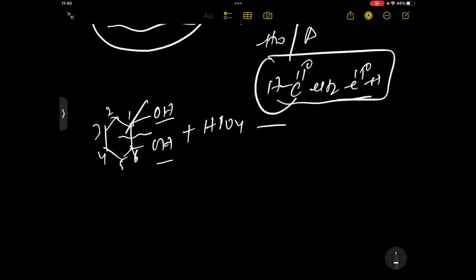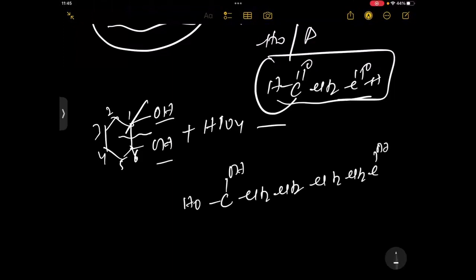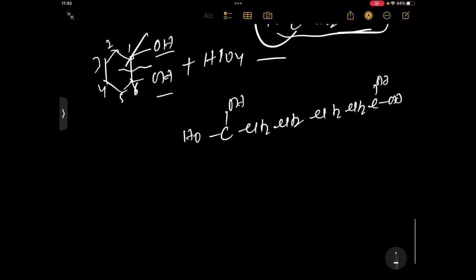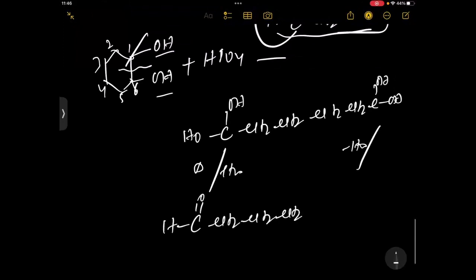So what happened? C double bond O, OH, and second is there CH2, third, fourth, fifth, and sixth, OH and OH. So the 2 H group is there, here also. Heat will be supplied, water will be lost, and C double bond O, H, CH2, CH2, CH2, CH2, C double bond OH will form. Okay, so this compound will form.